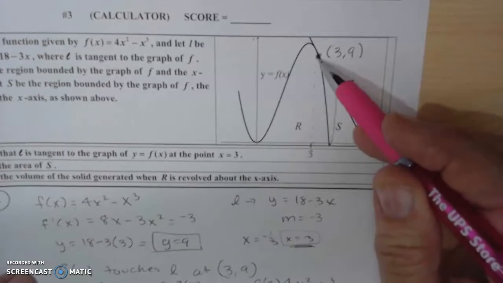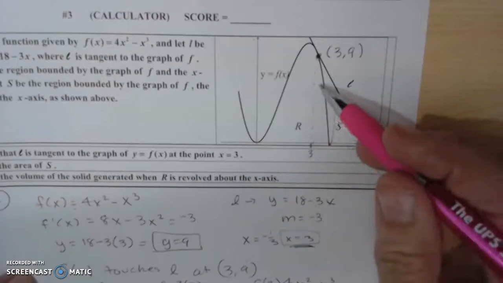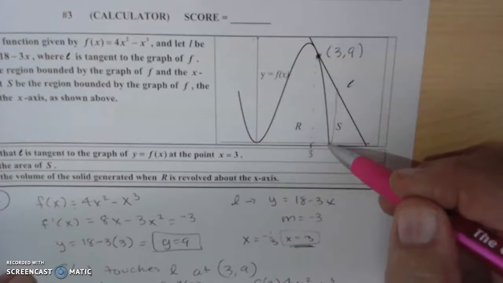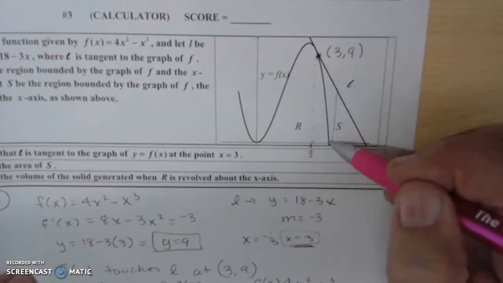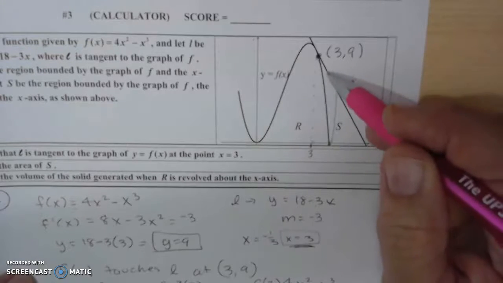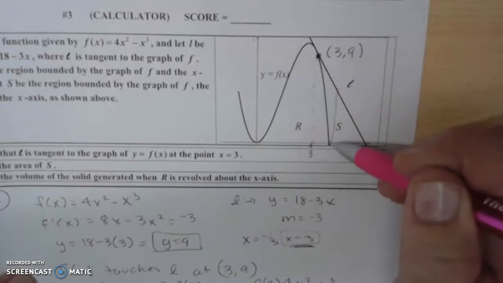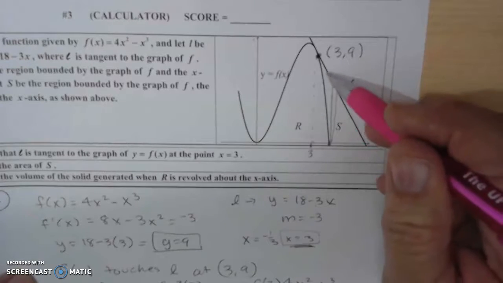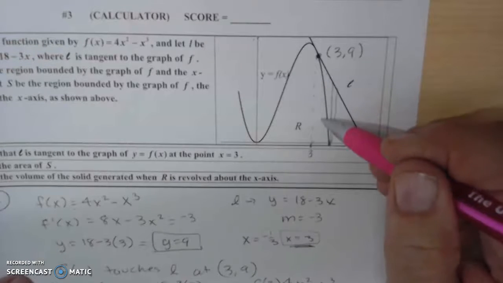So I know that this is 3, but I need to figure out what this is right here, because from here to here, when I calculate this area, from 3 to whatever this number is, I'm going to have a top equation minus a bottom equation.